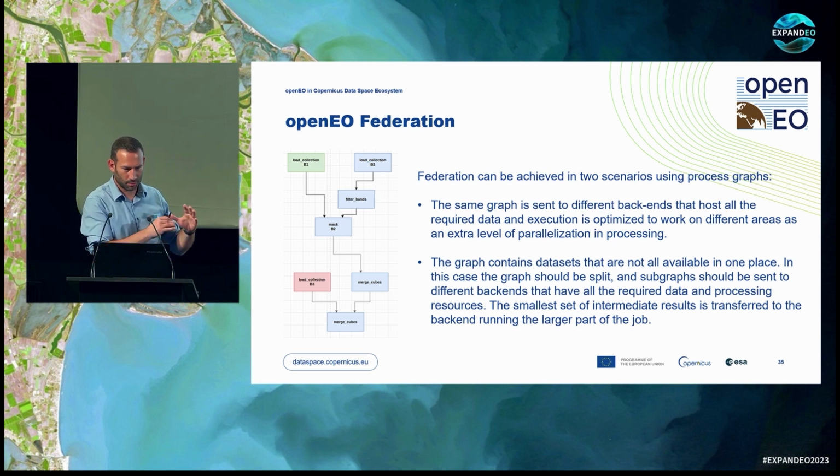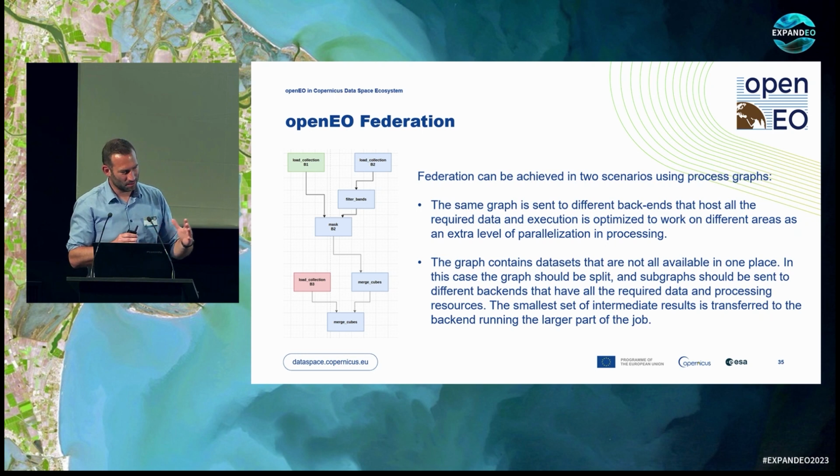So not only on the Copernicus Data Space Ecosystem. Let's say that, for example, you need Sentinel-2 data, and it's not fast enough, or the resources are depleted within the ecosystem, which is probably not the case for a long time.